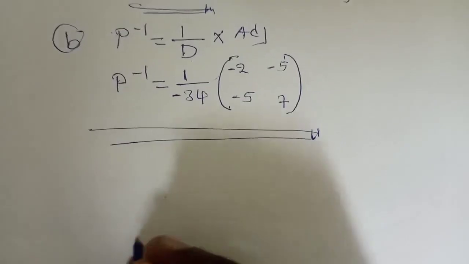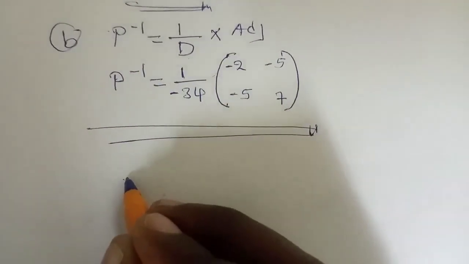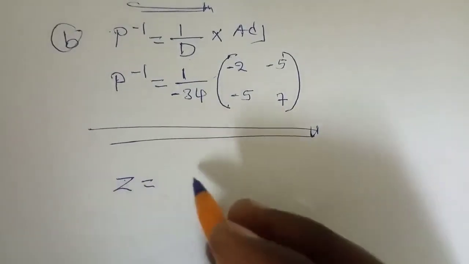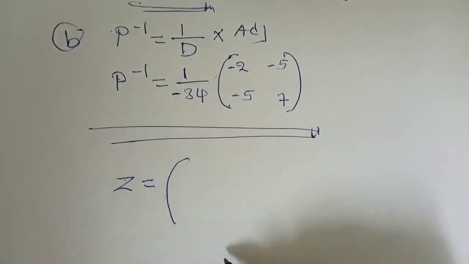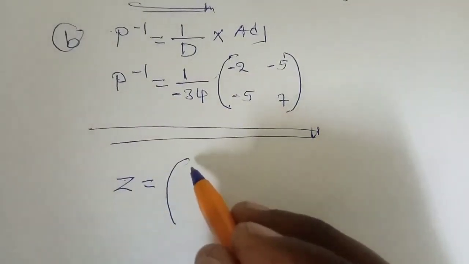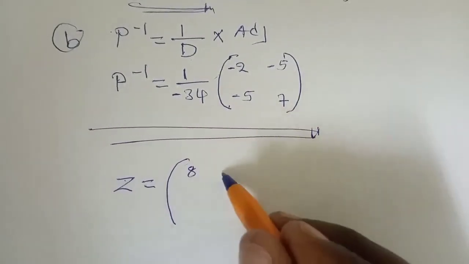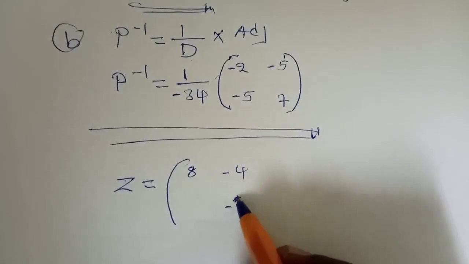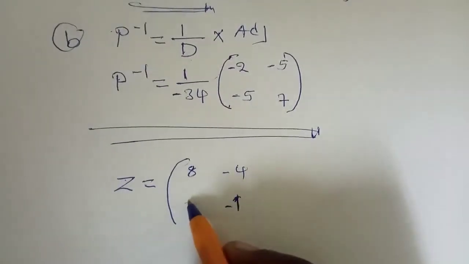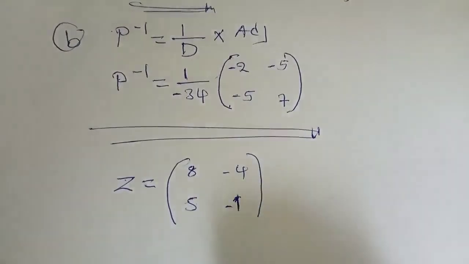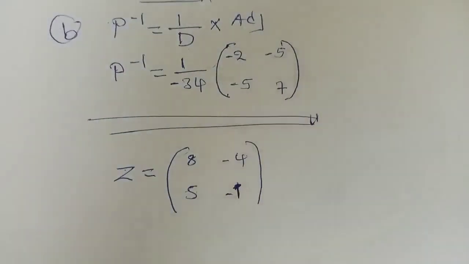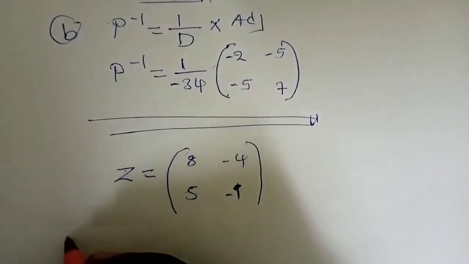So let's say we have matrix Z. Matrix Z is equal to, let's say we have 8, -4, 1, -1, then 5. So this is -1.